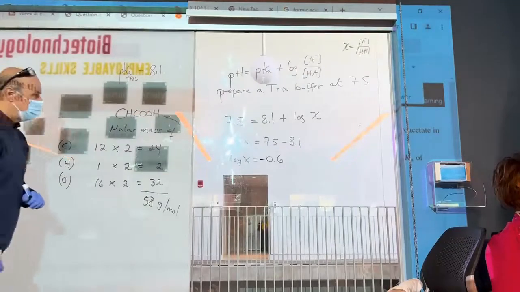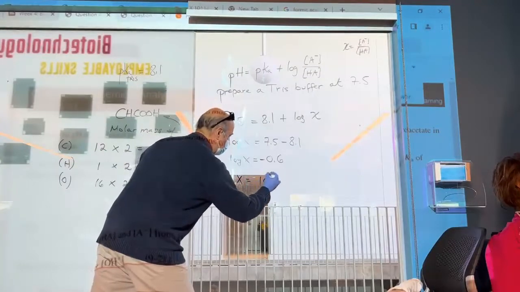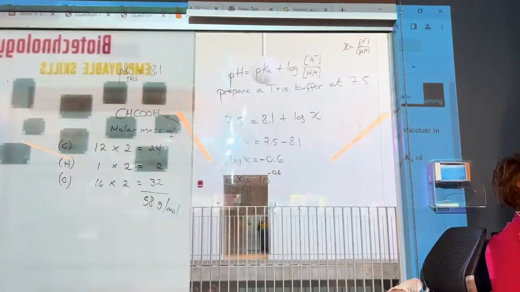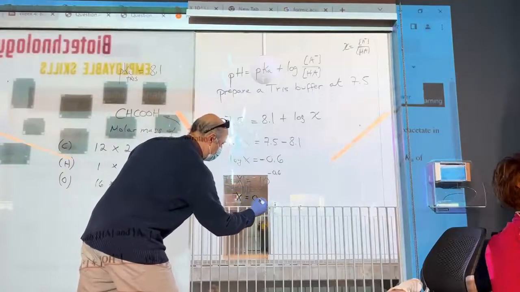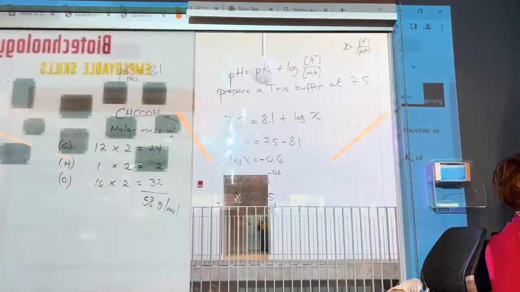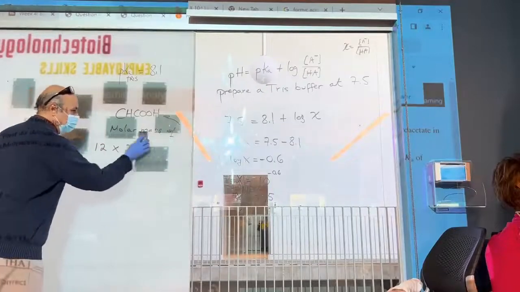Yep. Okay? So now X equals 10 raised to the negative 0.6. Can you guys do that, please? I need to bring my calculator. X equals 0.25. That's what I got. Okay, can somebody confirm that value? 10 raised to the negative 0.6. Yep, 0.25, perfect.